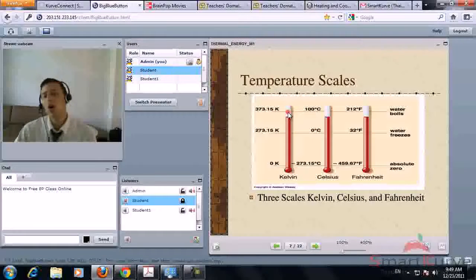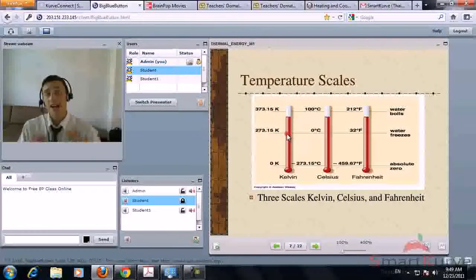If you look on the left, you'll see another scale called the Kelvin scale. Now you'll notice where Celsius goes from 0 to 100, Kelvin goes from 273.15 to 373.15.